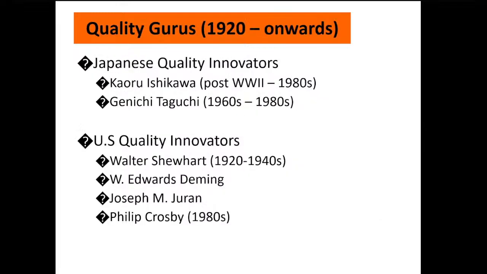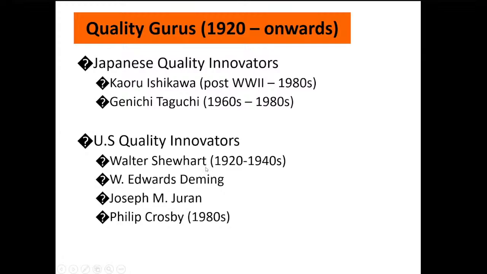So this is an overview of the quality gurus from the 1920s and how quality evolved, based on Japanese quality innovators or US quality innovators. Kaoru Ishikawa, post World War II until now, or Taguchi, their methods have been used up to now.